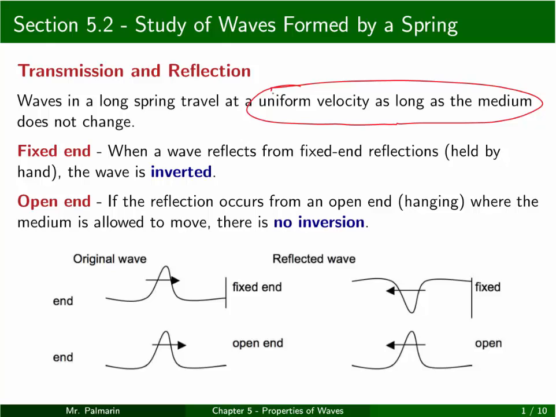So, let's talk about reflection. A couple points here. If you have a Slinky, you can try this out if you have two people. If someone's holding this end, or if you fix it to a wall and you send a transverse pulse at it, it hits this part, and what will actually happen is it will reflect and invert, right? It will hit the wall and invert.